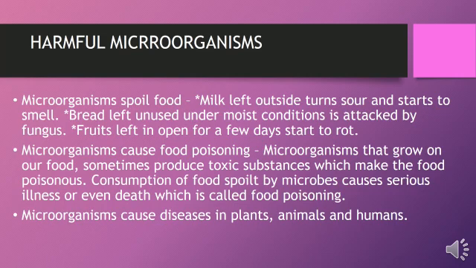And if we consume that food, obviously we fall ill. And it sometimes is so serious that it can cause death also. But usually it is cured. You have to be hospitalized if you have food poisoning, and you're cured with the help of medicines. But they do harm you.